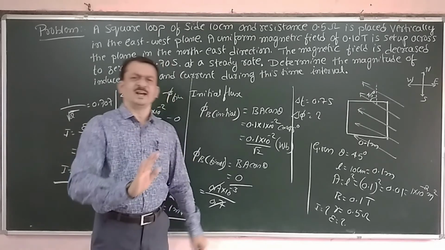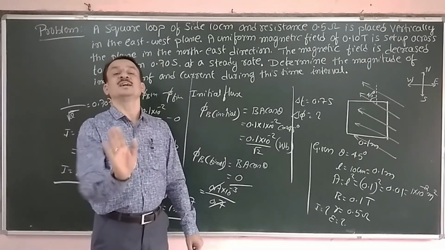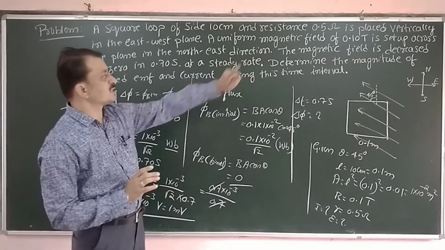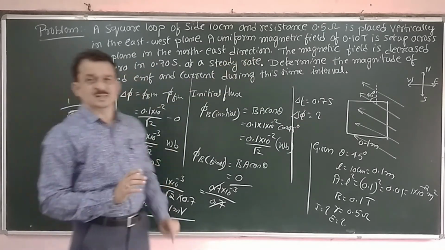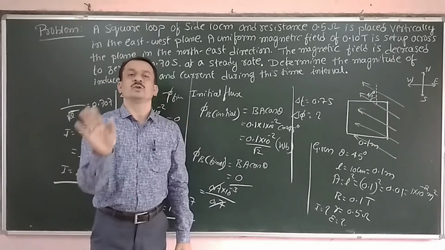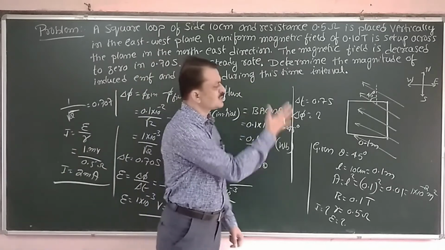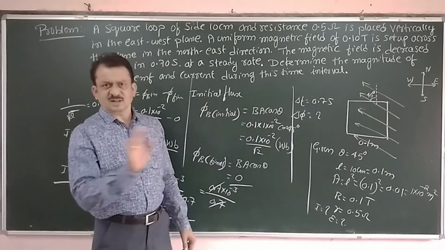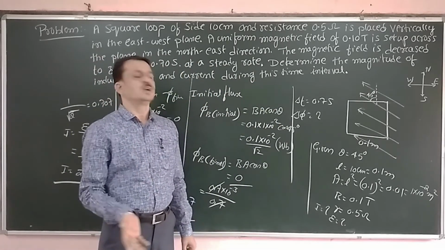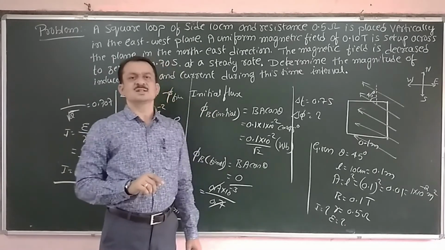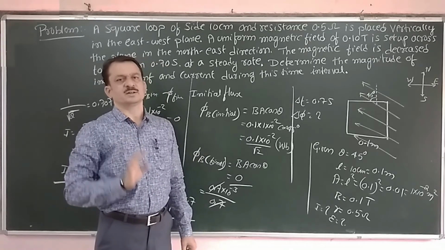Earth's magnetic field is constant, it is not changing. Even though there is the presence of Earth's magnetic field, it is not at all varying, and hence no EMF is induced in that coil due to the Earth's magnetic field.